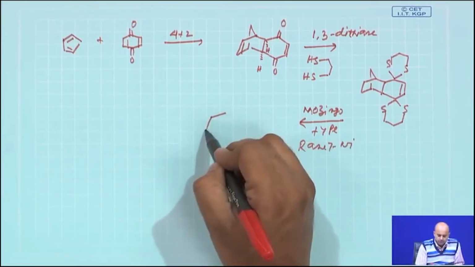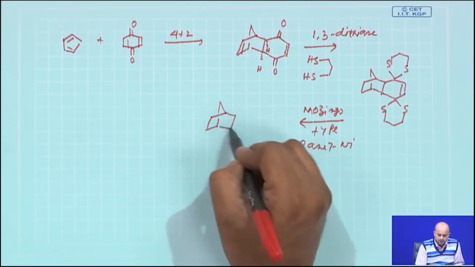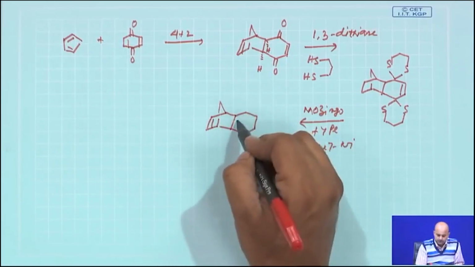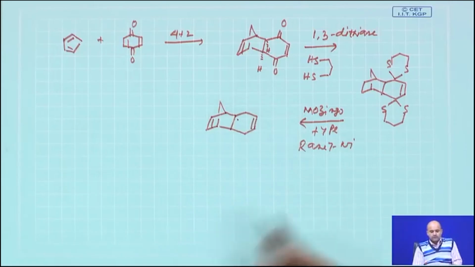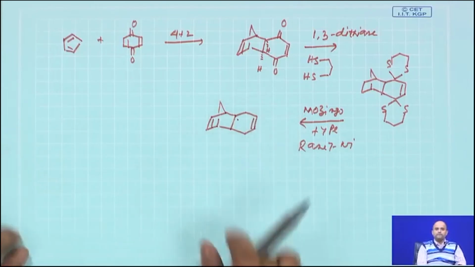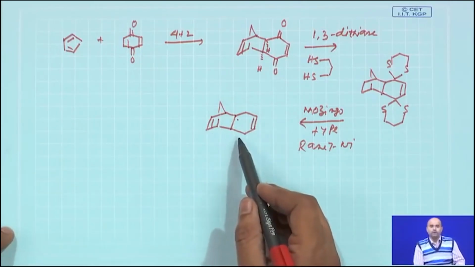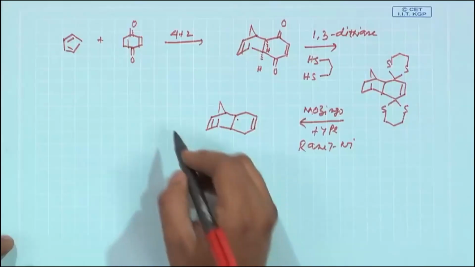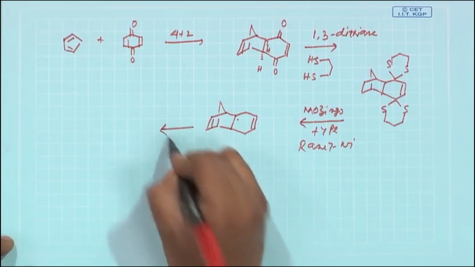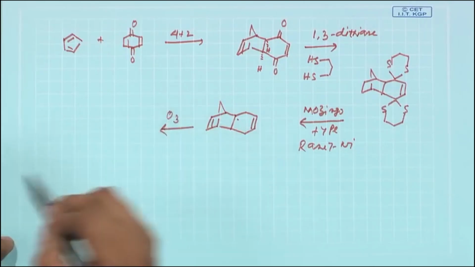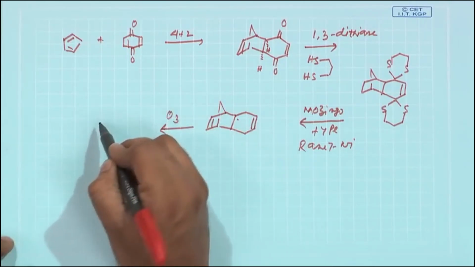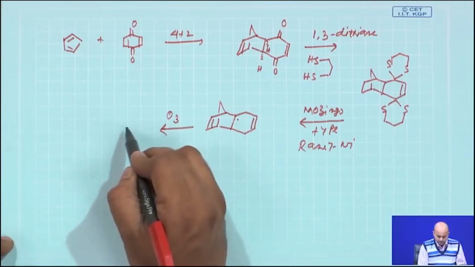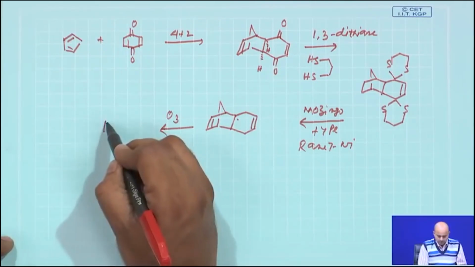So, after this Mozingo type reduction, this part is now this. So, basically you are now coming to this compound which is ready for the ozonolysis, is it not? So, now do the ozonolysis, and if you do the ozonolysis, I will write the compound in a different way.